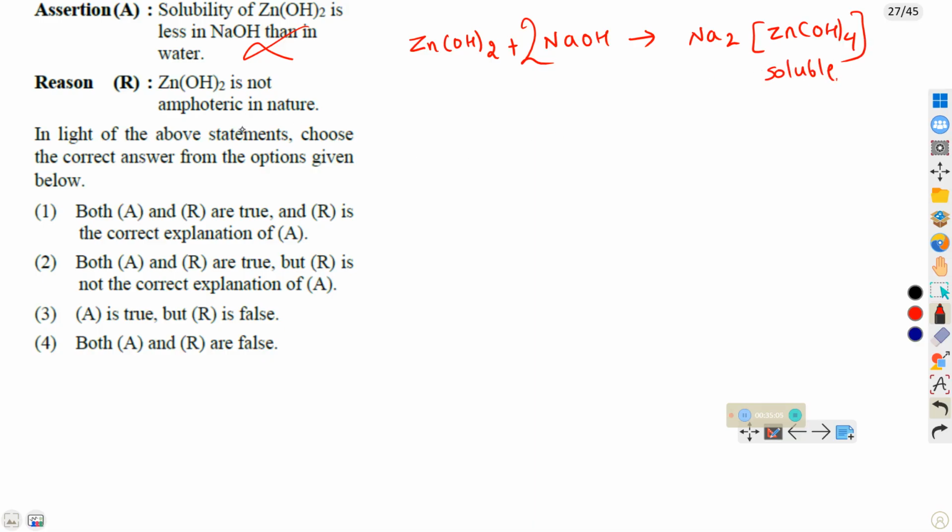Reason: Zn(OH)2 is not amphoteric. This is also wrong. Zn(OH)2 is amphoteric. It reacts with acids as well as bases. A and R both are false.